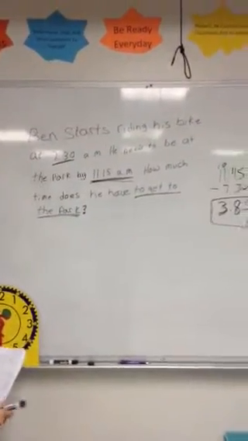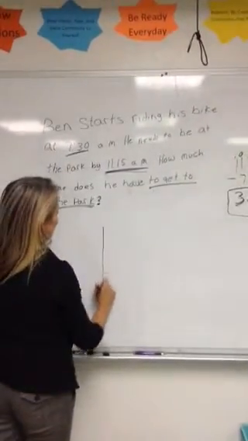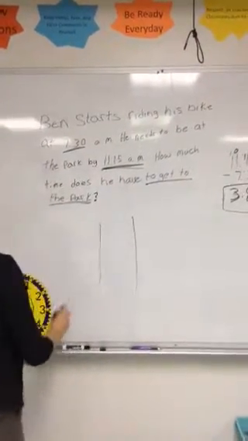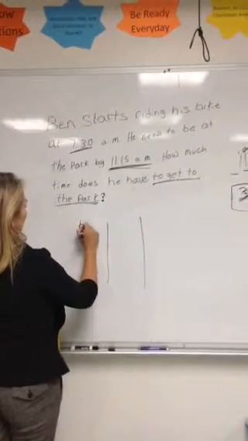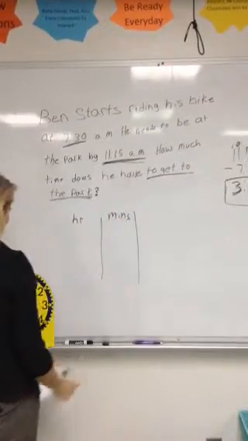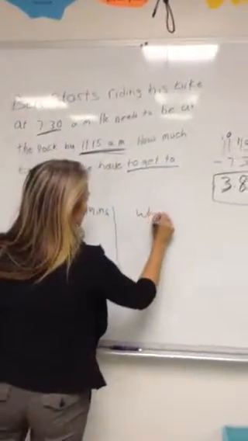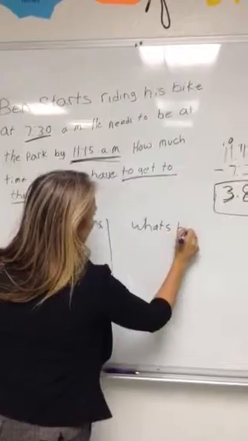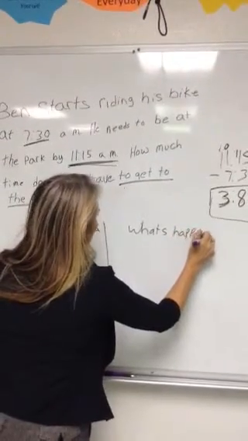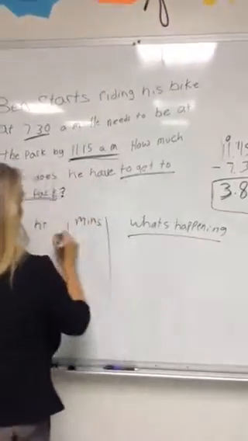And the first approach will be the make 60 approach. So what we'll do is we'll have hour, minutes, and what's happening. Okay.